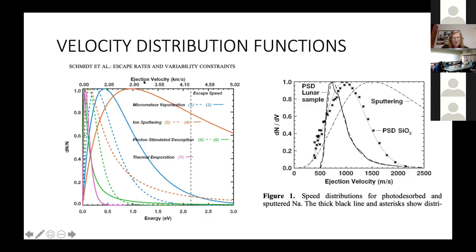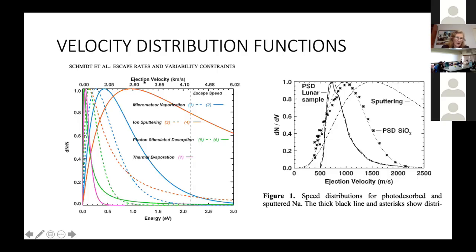So the atoms that are above escape speed are going to escape, and the others are going to re-impact the surface. So all of these different distributions are, you know, very controversial. You can look at micrometeoroid impact vaporization, the blue.